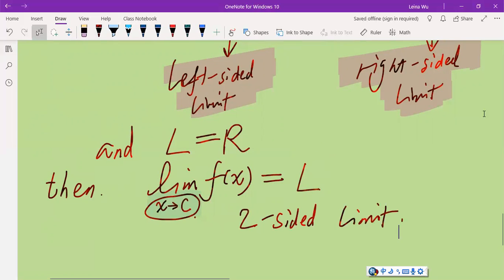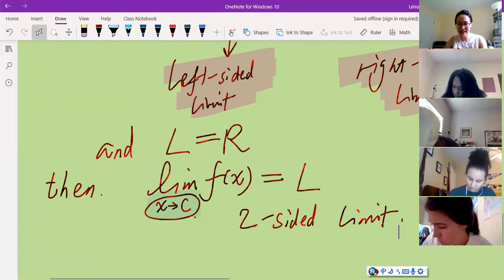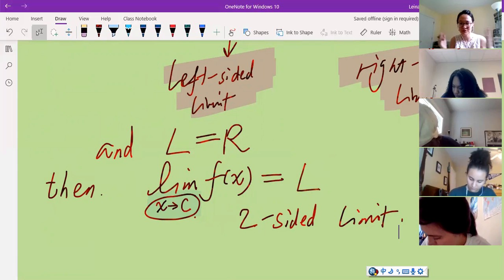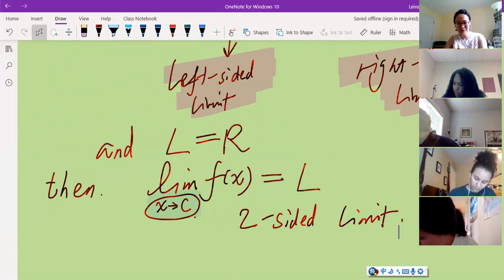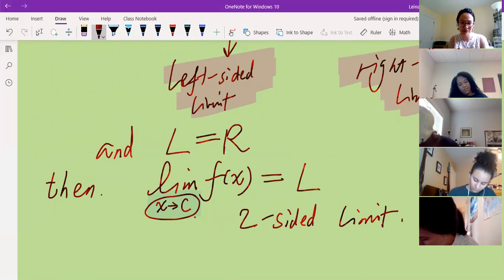Okay, so the two-sided limit is when the left-sided limit matches the right-sided limit. And then you can say, well, these two match. So I can just say, overall, the limit of function f of x, whether x approaches c from left or right, equals the limit L, which is the same as R, right?